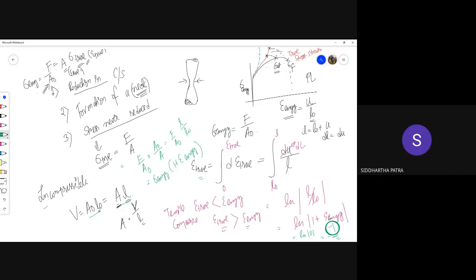Let's say if I take engineering compressive strain to be -1, which basically means 100% compression, that means the volume has been reduced to zero. The true strain expression would predict a minus infinity of strain because it is taking a natural log of zero. I'm not talking about a physical situation.